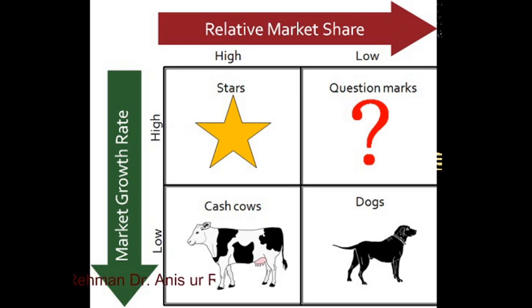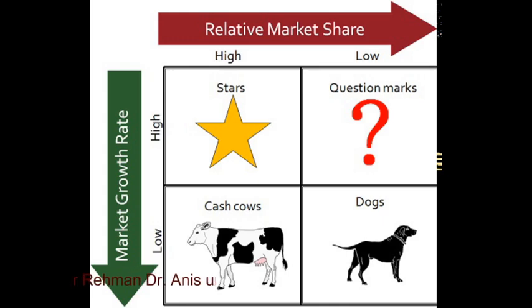Now as you can see, there are four sections, and these are stars, question marks, cash cows and dogs. Now you have to understand, when we are moving from left to right, the relative market share is decreasing. Same in the growth rate, when we move from up to down, the market growth rate is also decreasing. So we discuss them one by one.